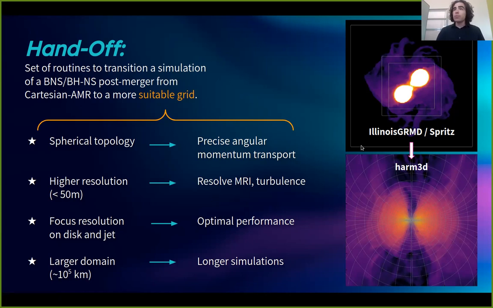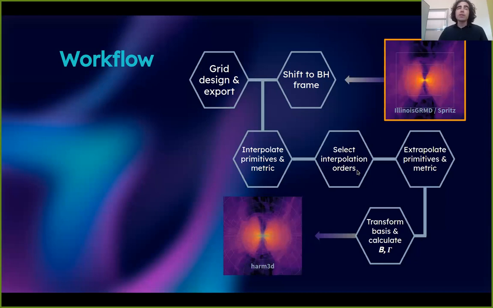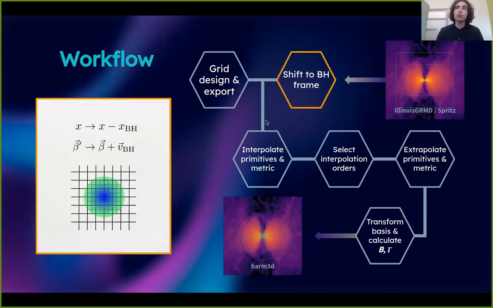Okay, so how can we do this transition? This is the workflow of the handoff. We need to start with a proper merger simulation. And once the black hole has formed and we get to a time when we want to do the handoff, we shift to the black hole frame, both in coordinates and in the space-time gauge, considering the position and velocity of the black hole.